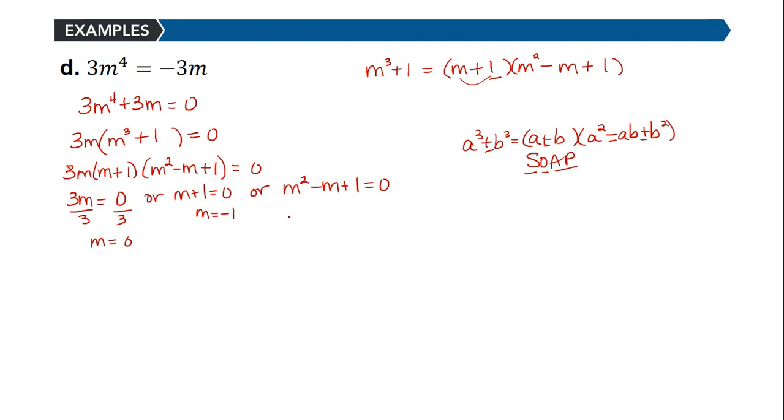So I would say that m is equal to, you remember, the opposite of b plus or minus the square root of b squared minus 4ac, all divided by 2a.